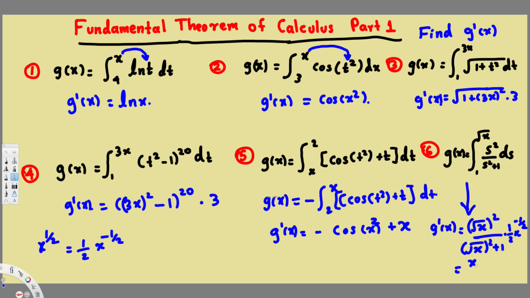This is going to be x over x plus 1, multiplied by 1 over 2, and x to the power negative half is the square root of x in the denominator. That's going to be our final answer. I hope you guys find this video helpful. See you next time.